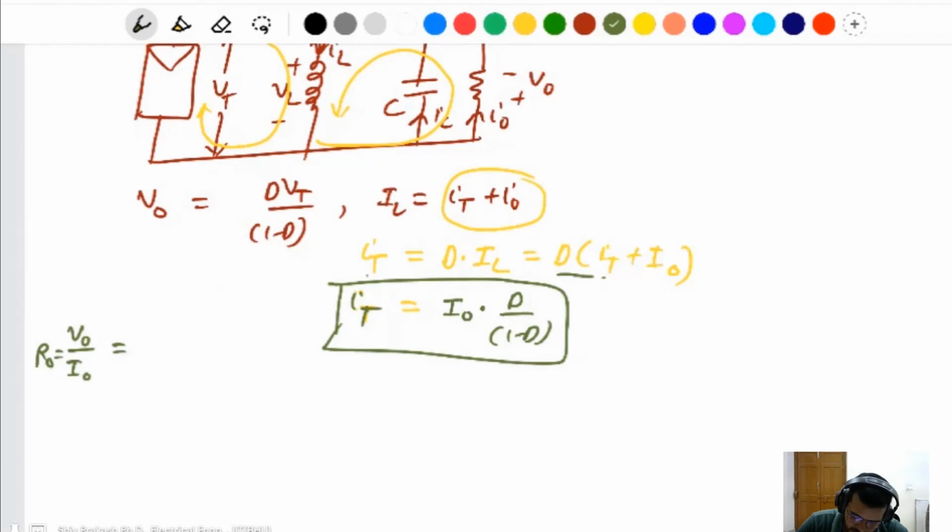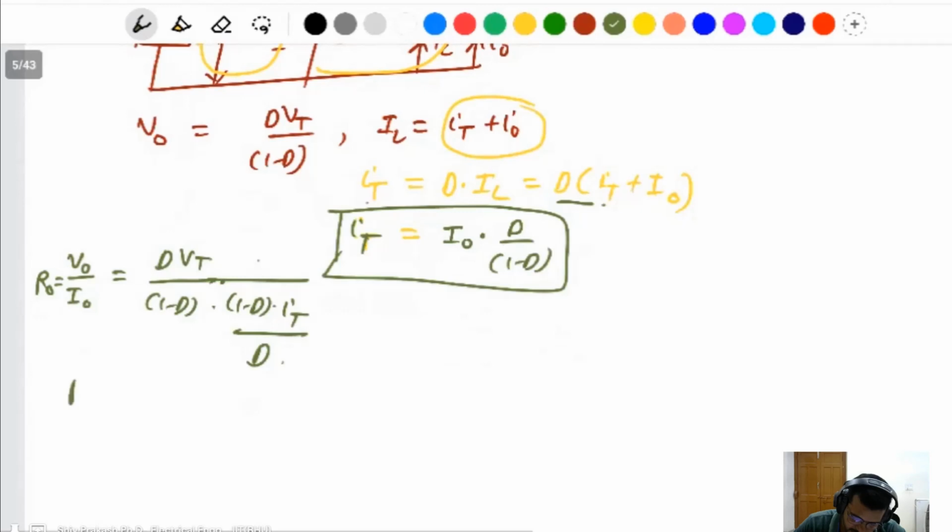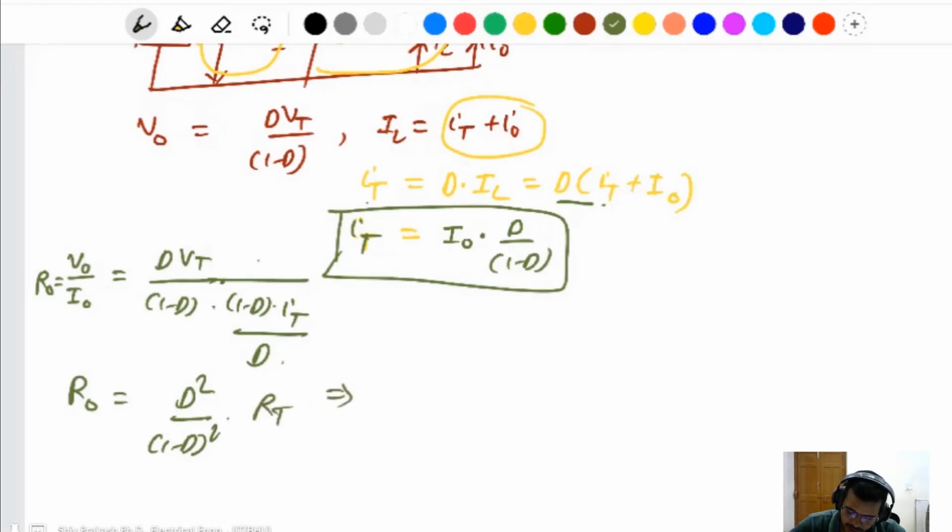Yes, this one D Vt divided by 1 minus D into I naught is equal to 1 minus D into It divided by D. Then Vt by It is D square divided by 1 minus D whole square, which is equal to RT. You can get the RT here.